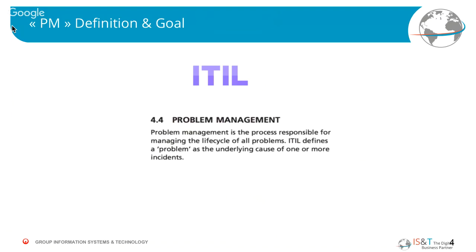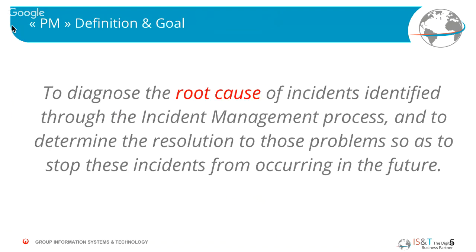The root cause is not known at the time a problem record is created, and the problem management process is responsible for further investigation. Okay, so the goal that we can conclude from this definition is that problem management will determine the resolution to problems, so as to stop the incidents related to this problem from occurring in the future.